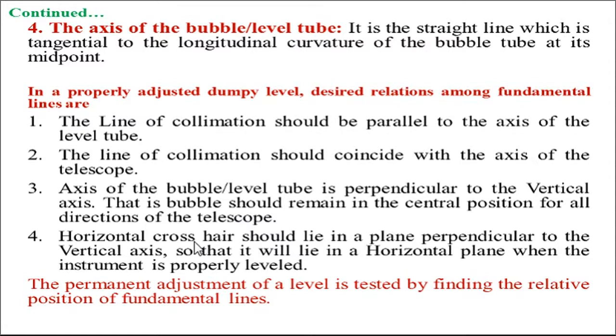And the fourth relation is that the horizontal crosshair should lie in a plane perpendicular to the vertical axis, so that it will lie in a horizontal plane when the instrument is perfectly level. So these four fundamental relationships should exist if the dumpy level is in perfect adjustment. Next slide.